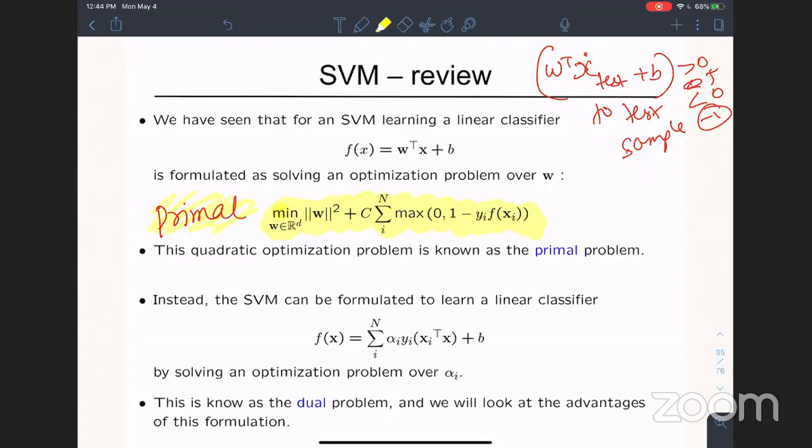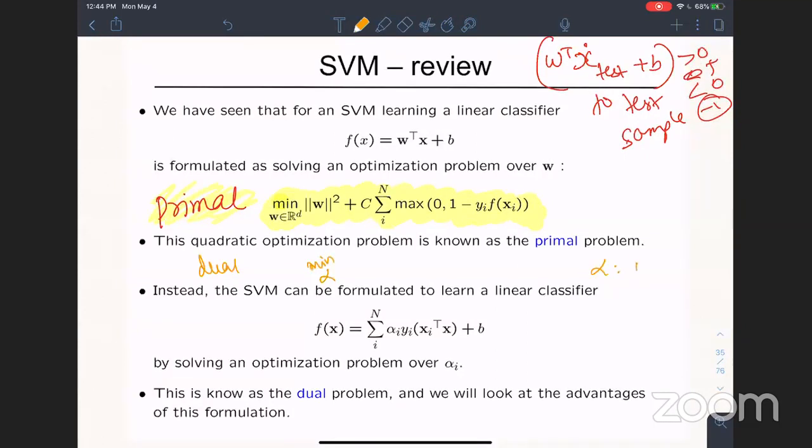Very quickly, there is another form called the dual problem, where instead of W, we minimize over some alpha, where alpha you can think of as the importance of every point to the hyperplane. If alpha is equal to 0, the point does not influence my hyperplane.